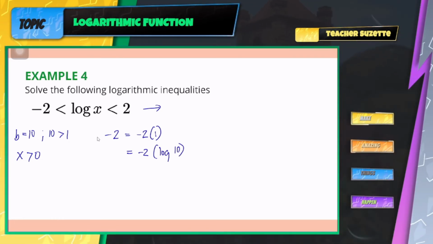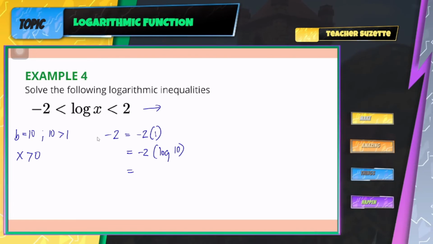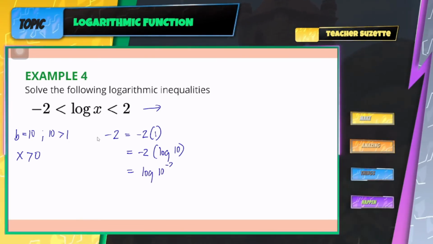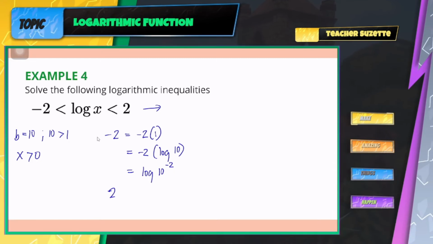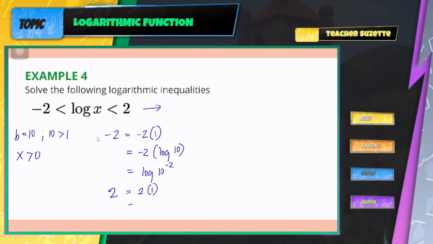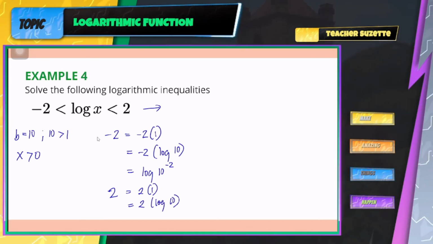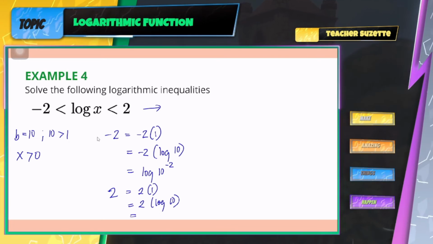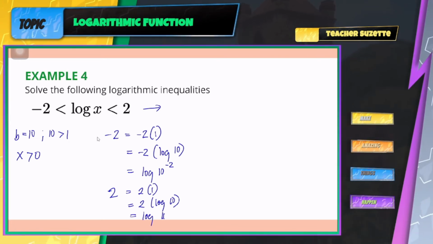Like in the example of our logarithmic equation, we can express this as negative 2 times the logarithm of 10. Then, by the power law, we will have the logarithm of 10 raised to negative 2. The same goes for our positive 2. You can factor this as 2 times 1, which is also equal to 2 times the logarithm of 10, and by power law, the logarithm of 10 raised to 2.